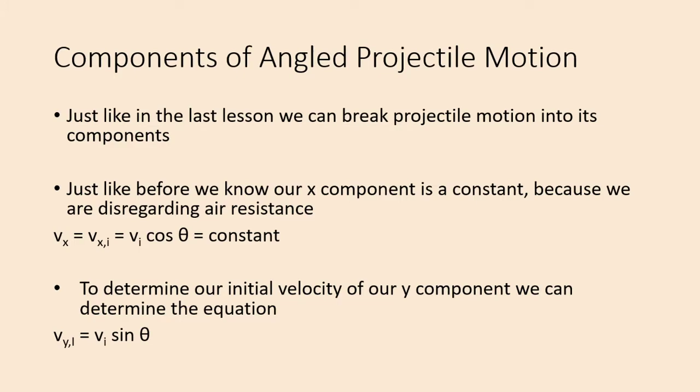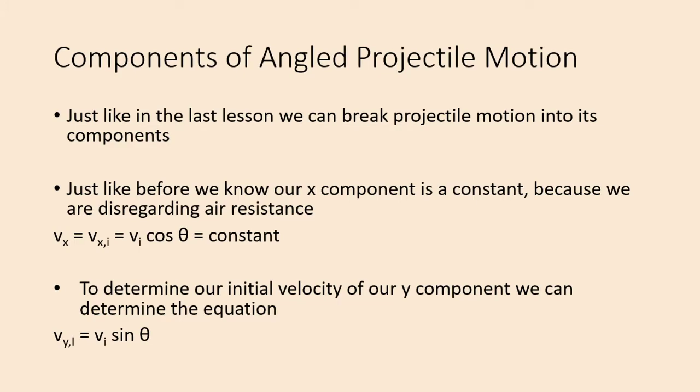Because we have a triangle with a set theta, and we know vi, we can calculate vx using cosine of theta equals adjacent over hypotenuse. Rearranging, we multiply by vi, and vi times cosine of theta gives me my v sub x.